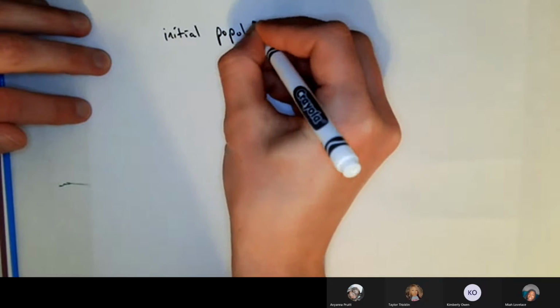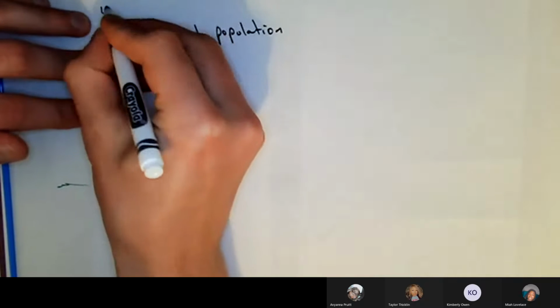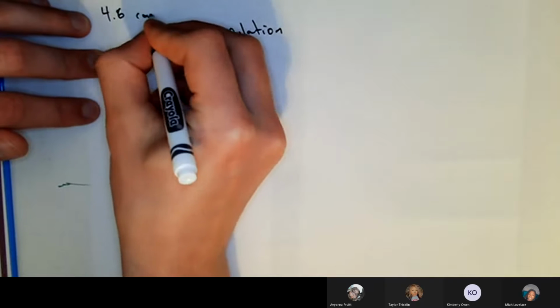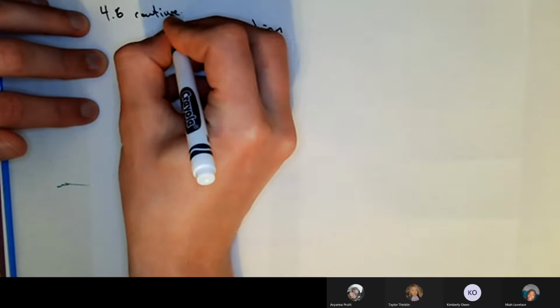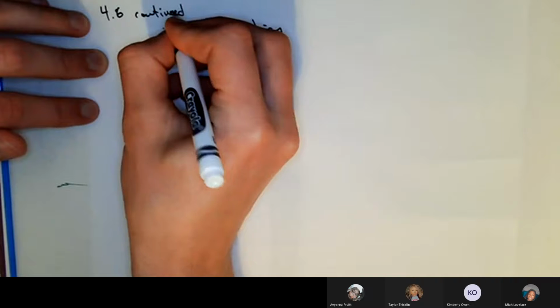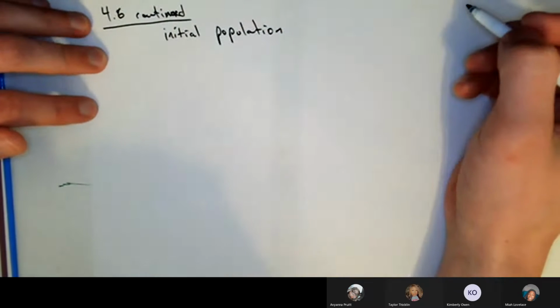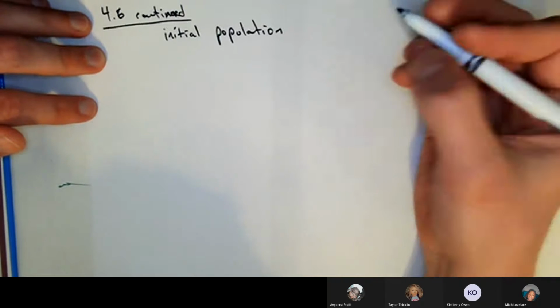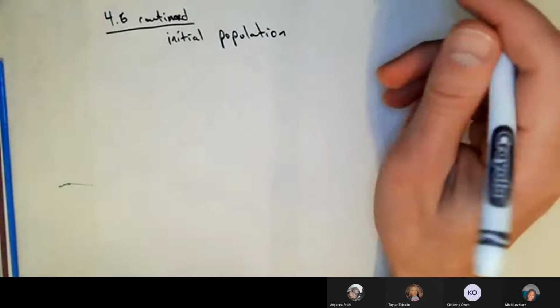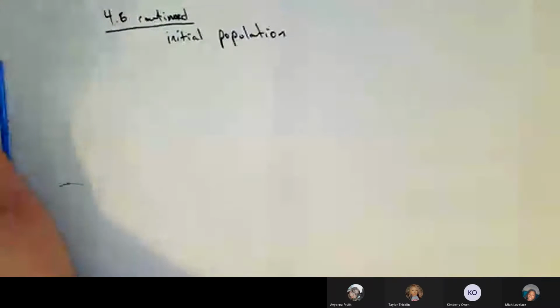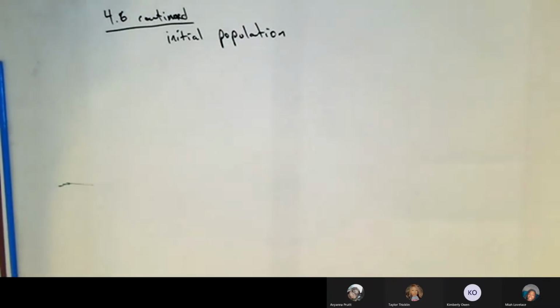So remember, in 4.6 continued, 4.6 is all about applications, meaning real world problems. And I'm focusing on the population growth problems, just because it seems like most of this class, you guys are more leaning towards biology majors than chemistry or physics.